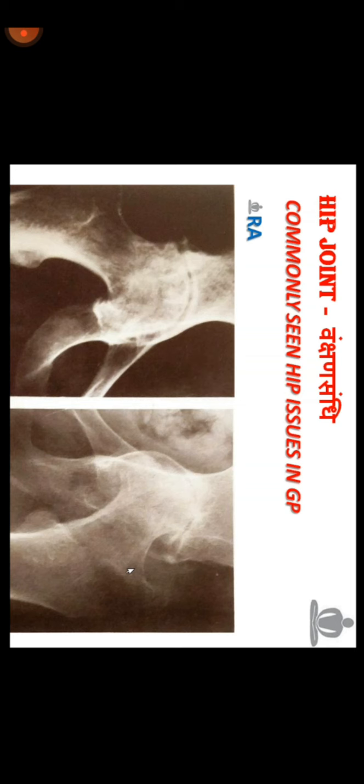So remember this important thing. You cannot palpate this. You cannot see the swelling along with redness, along with increased temperature in case of hip joint rheumatoid arthritis, because it is a deeply situated joint.